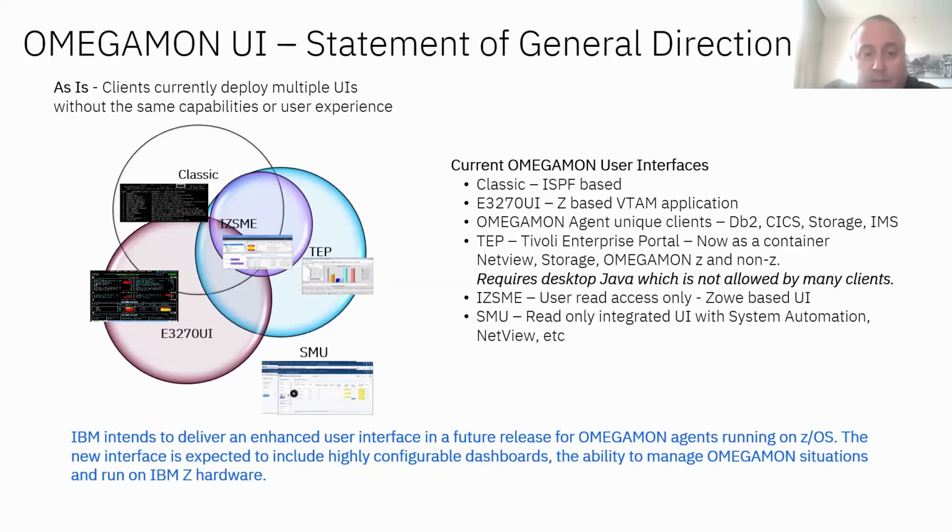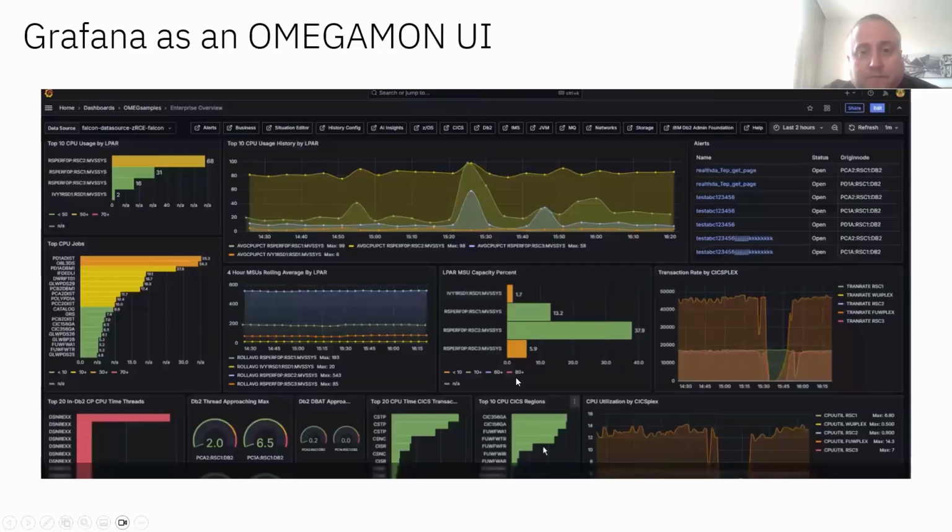The challenge we have is none of these UIs can do everything comprehensively, so we often have to use a couple of different interfaces. So we want to go and solve that problem also as part of a modernization effort.